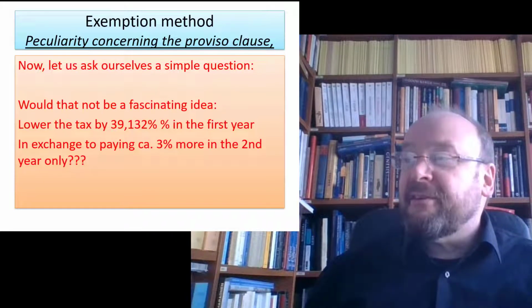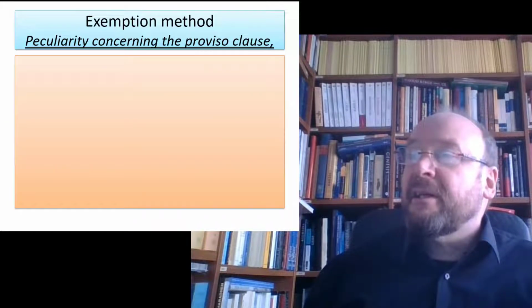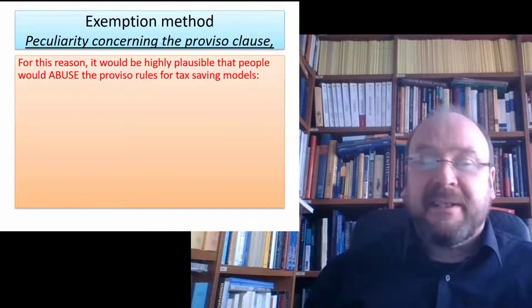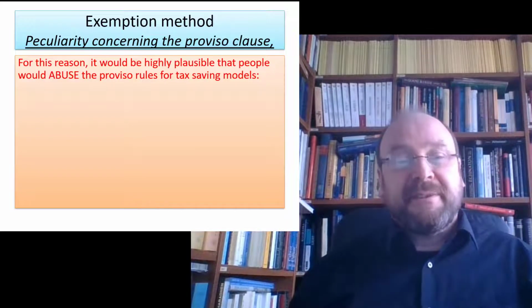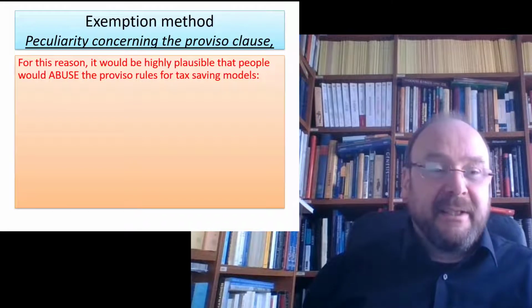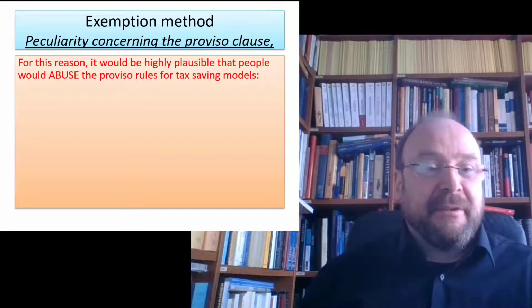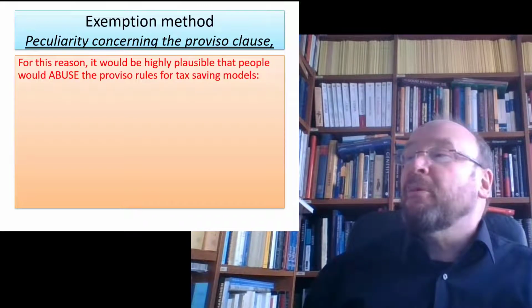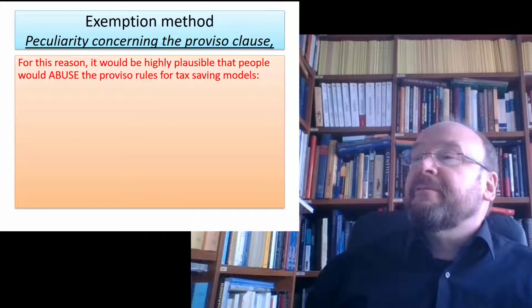That would be such an enormous tax saving effect that one must do something against this. For this reason, it would be highly plausible that people would try to systematically exploit that, and that even the financial industry would create tax saving models with the explicit purpose to exploit that effect.